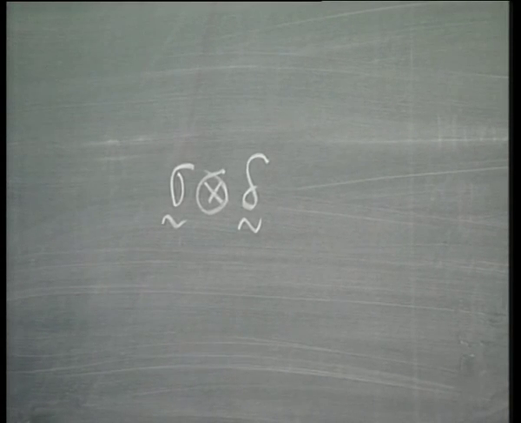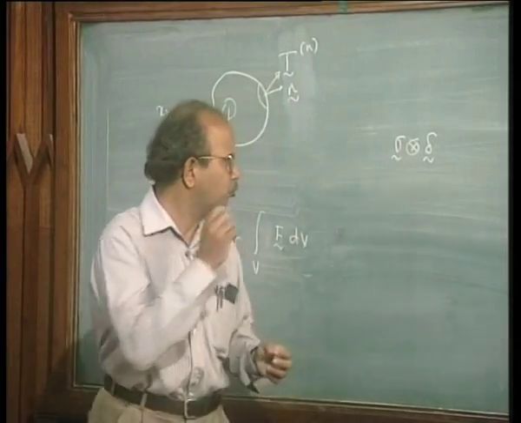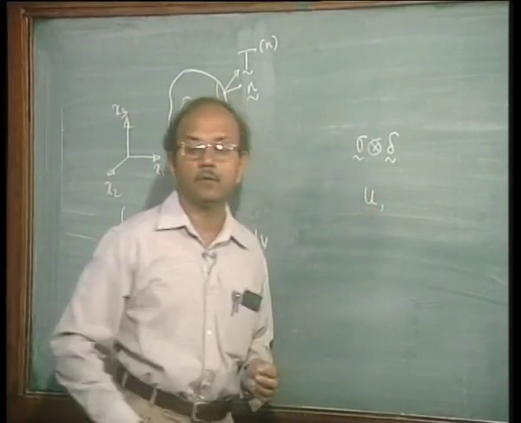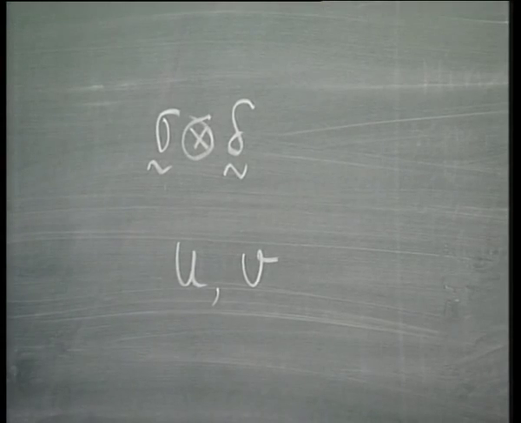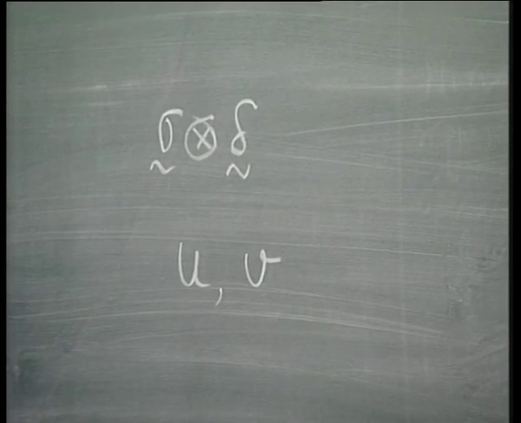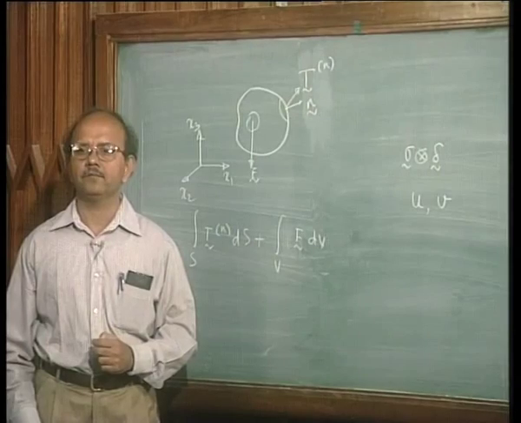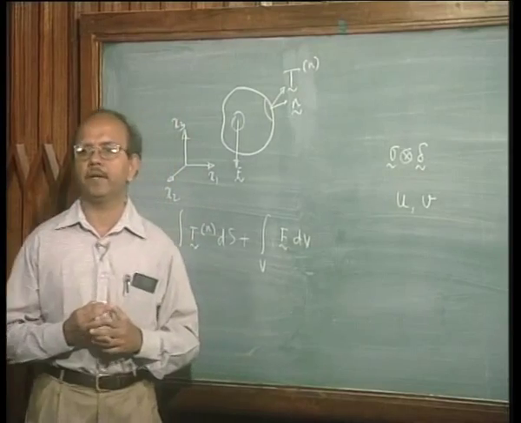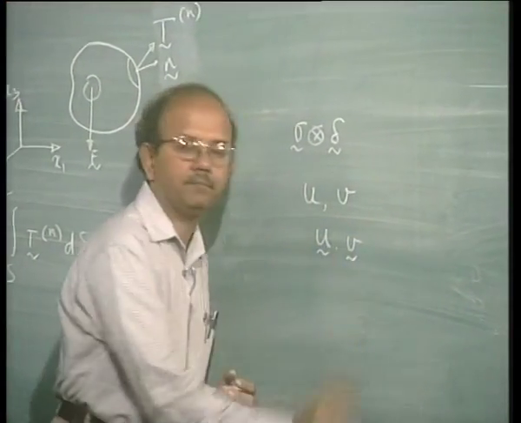Now what is this operation? Let us understand this, let us not get confused about it. Suppose I have two vectors, let us go from what we know, say u and v. All of you know that I can do two operations with u and v. A dot product can be obtained, which is u dot v.